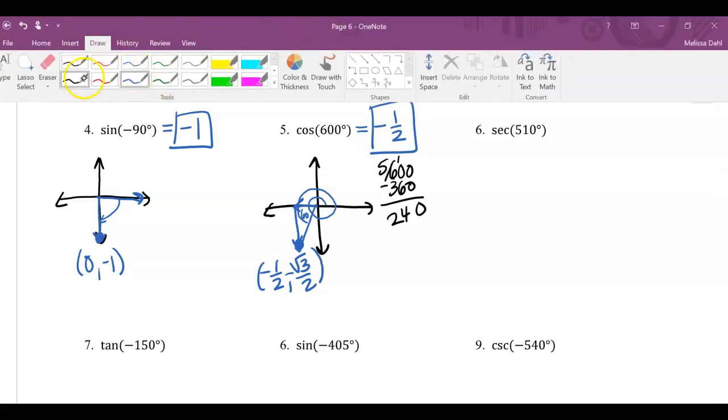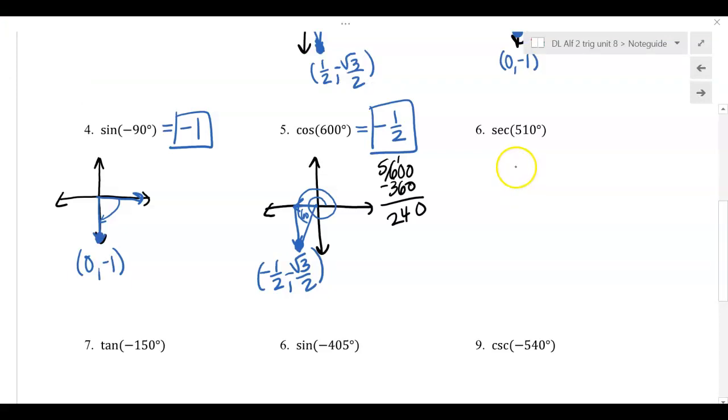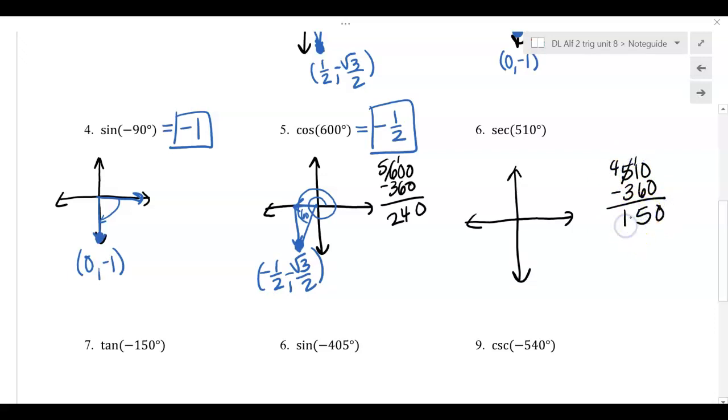Then I can look at number 6, which is the secant of 510. So I first need to understand what 510 is. And again, I recognize that as bigger than 360. So I'm going to subtract that. So 510 is 360 plus another 150.